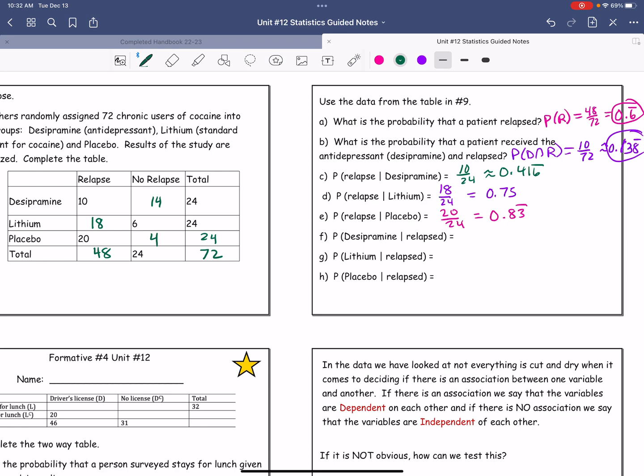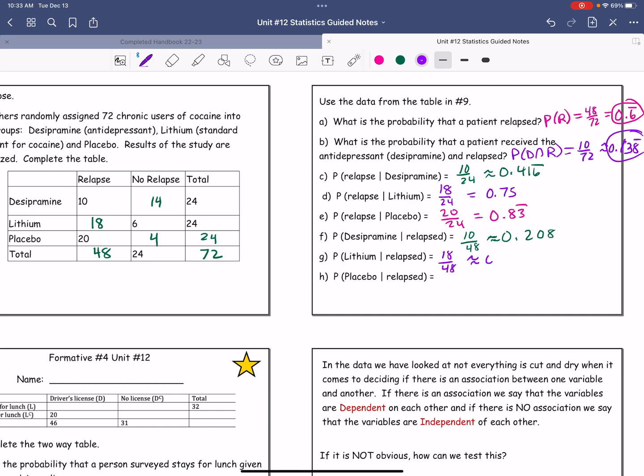Antidepressant given relapsed is the and, which is 10, over relapsed, which is 48, which is 0.208 approximately. Lithium given relapsed is the and, 18, over the total for relapsed, 48.